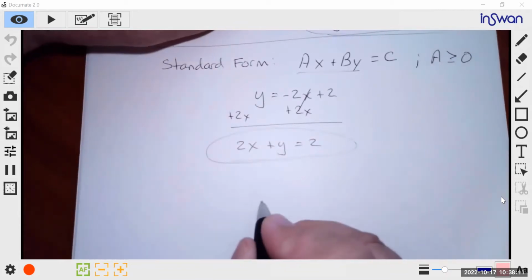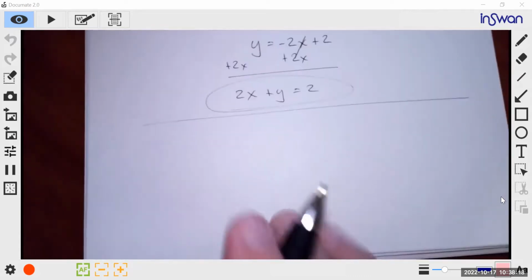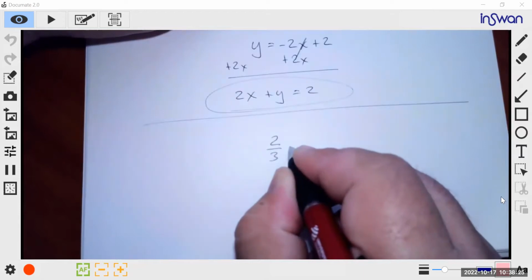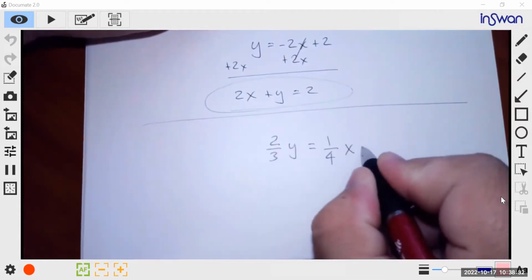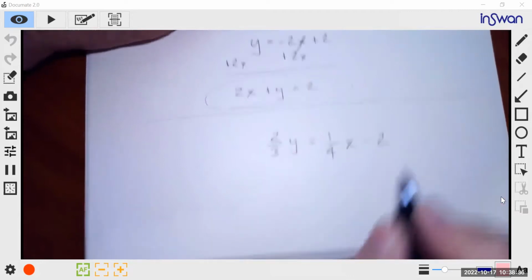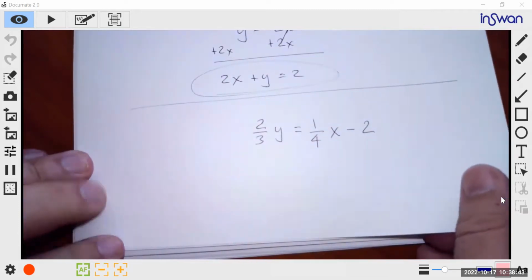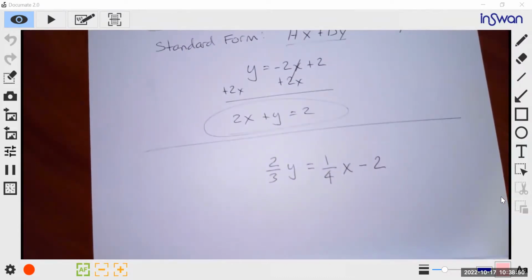In other words, if we had, put that into standard form.